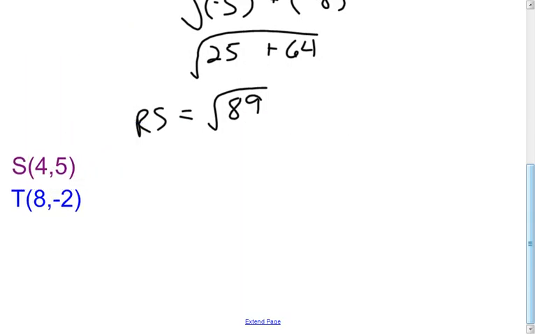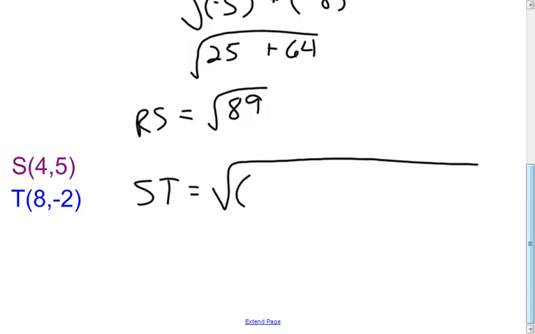And again, do my distance formula. Now I'm going to find the length of segment ST. Again, distance formula. Subtract my x's, subtract my y's, square those two things, and I'll have it. So when I look at point S, x value is 4, y value is 5, t, I get an x value of 8 and a y value of -2.